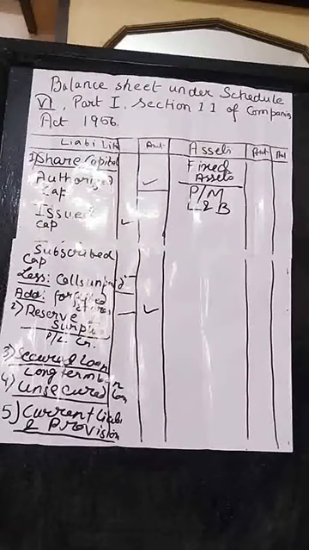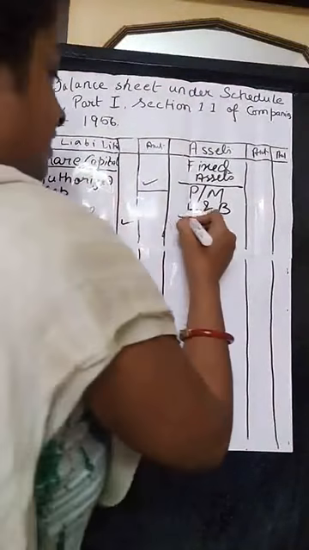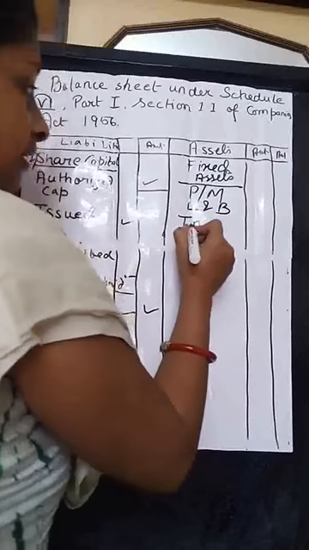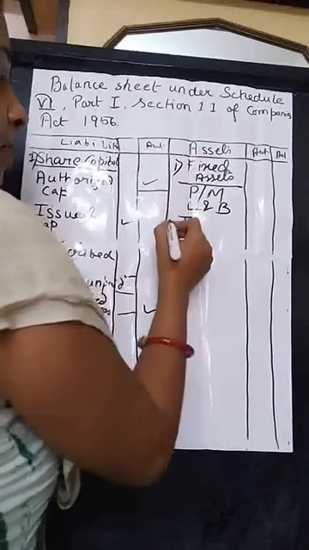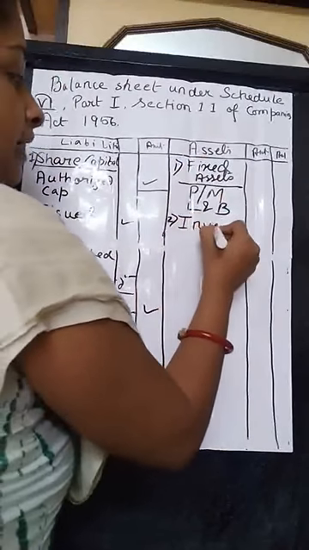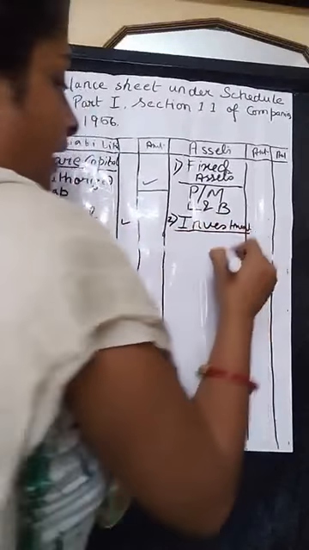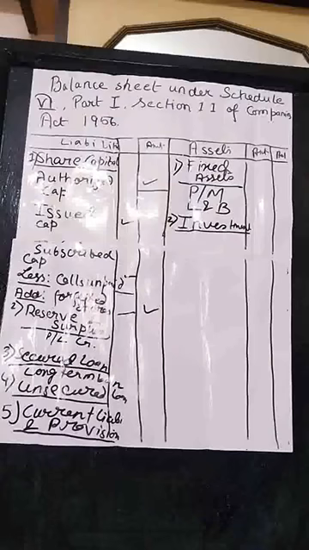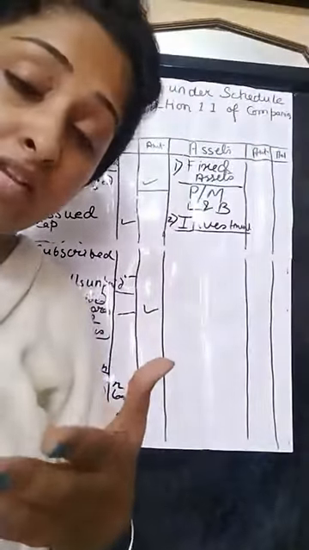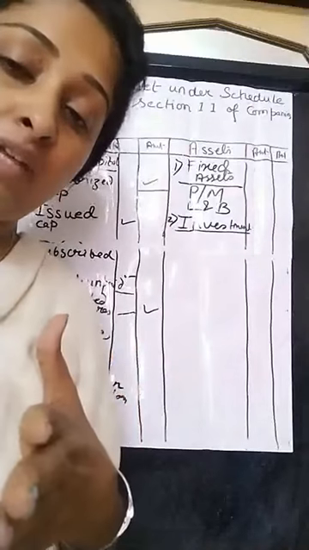Then comes the investment. After fixed assets, if fixed assets is the number 1 heading, then number 2 heading will be investment, where any kind of long-term investment in government bonds or fixed interest bonds will come.